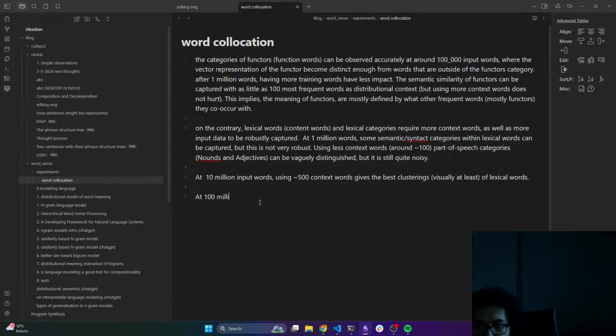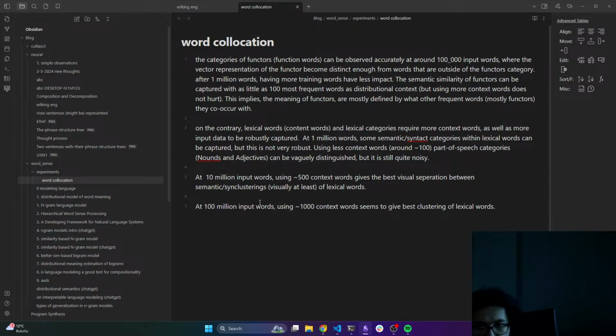At 100 million input words, using 1000 context words seems to give the best visual separation between semantic and syntactic clusters.